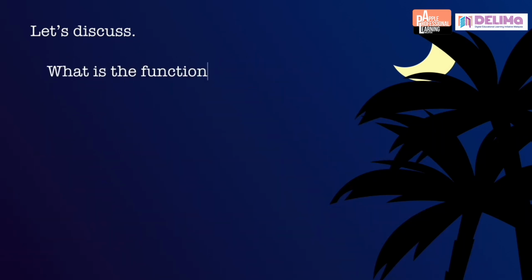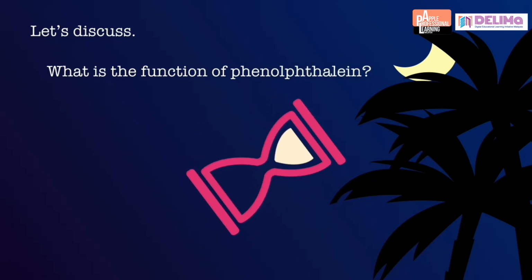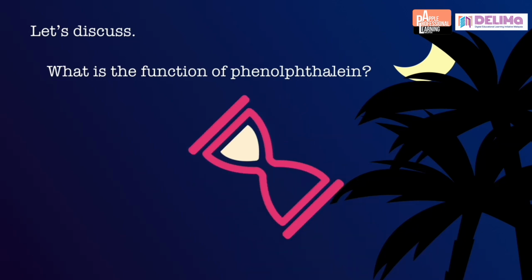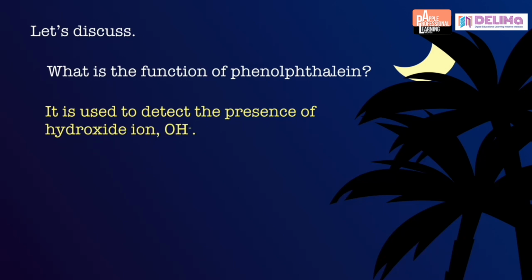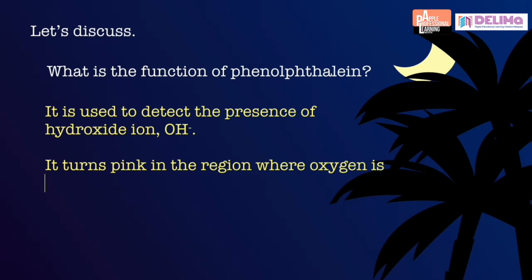What is the function of phenolphthalein? It is used to detect the presence of hydroxide ions. It turns pink in the region where oxygen is taking electrons.